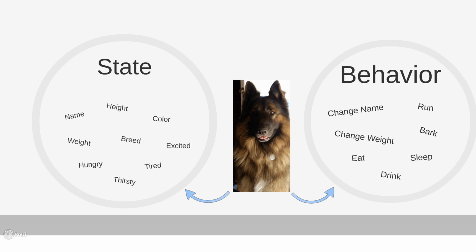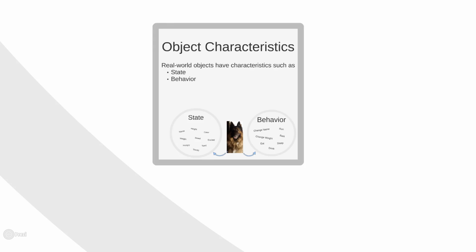However, as soon as the dog is done drinking, the state of the dog changes to no longer being thirsty. So if the properties of the dog are its state, the behavior of the object is what changes those properties.